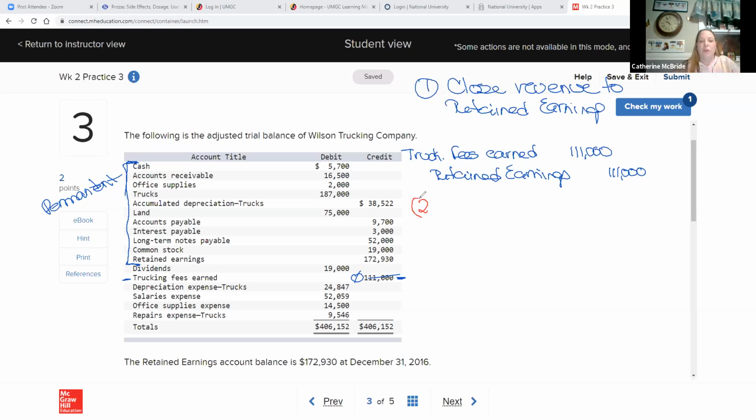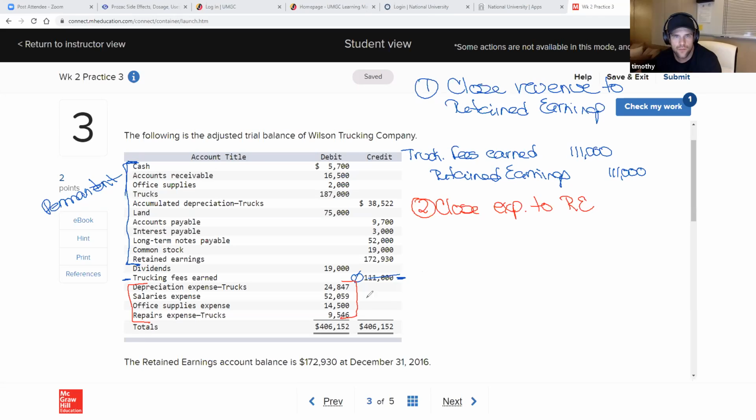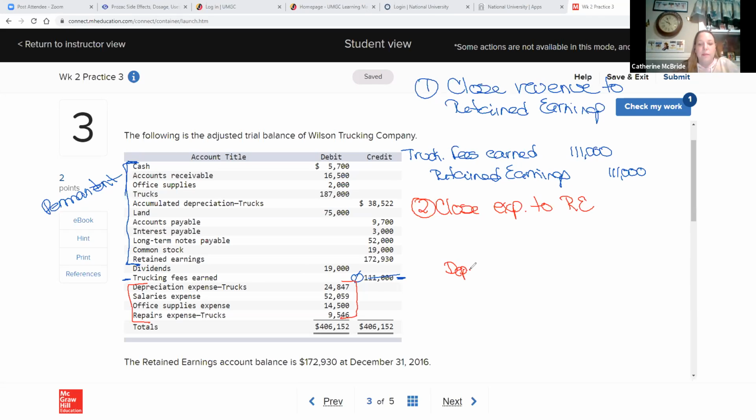Okay, the second thing I have to do is I have to close expenses to retained earnings. Now, I have to close each expense account. So here are my expenses. If my depreciation expense is a debit balance, what do I have to do to make it zero? Credit. I have to credit it. So each one of these, I'm going to credit.